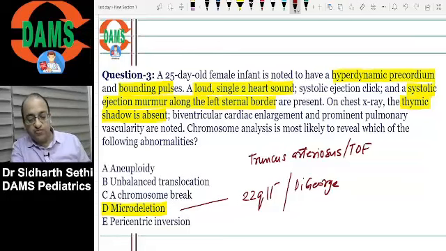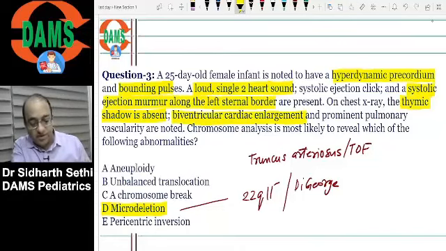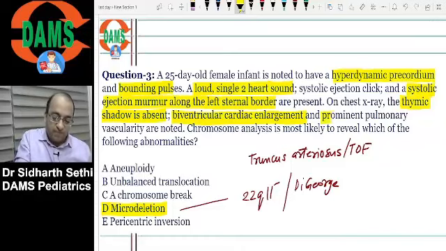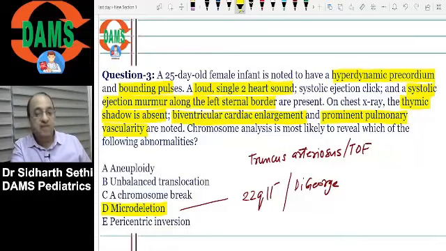So all of you, this was a typical case of truncus arteriosus, a hyperdynamic circulation. Both vessels are not differentiated. The pulmonary artery and the aorta are not differentiated. So there are bounding pulses. That is why they have a biventricular hypertrophy, which can happen in truncus, and they have prominent pulmonary vascularity.